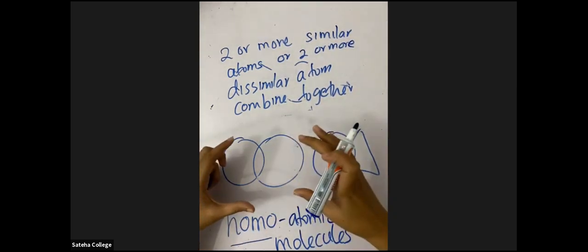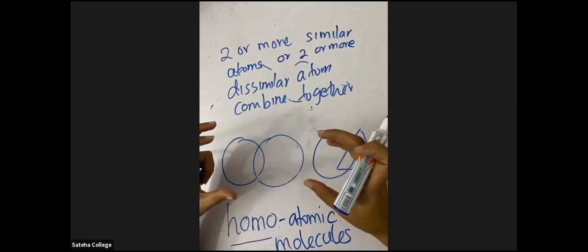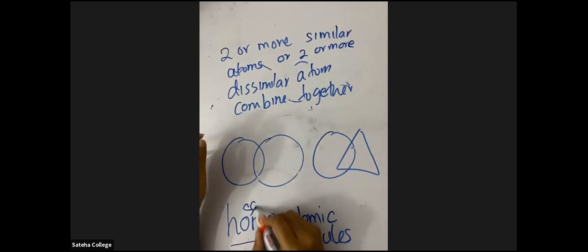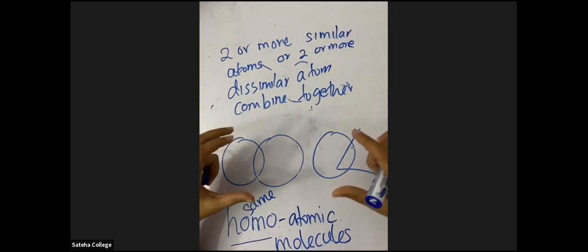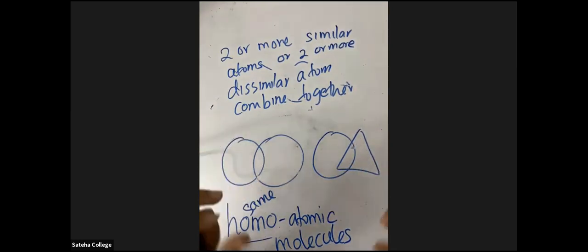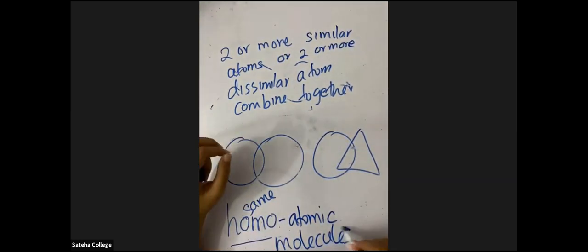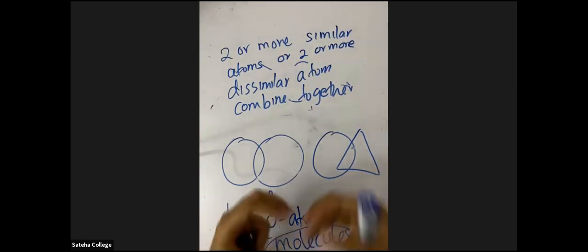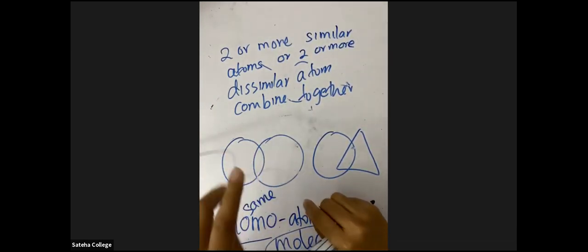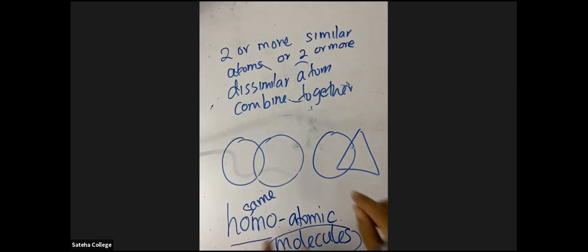The molecules which contain the same atoms. If you have a molecule containing the same type of atom, that you call homoatomic molecules. Did you understand?